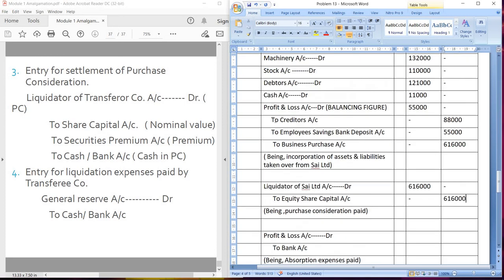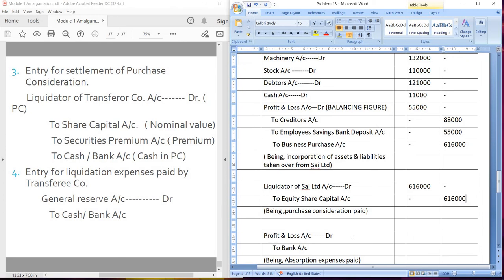Whatever account we use here for the balancing figure, the same account we have to use here, because in this problem profit and loss is given, so we are using profit and loss. If profit and loss is not available, then we can adjust it with general reserve, but because in this problem there is profit and loss, we will use that account only.